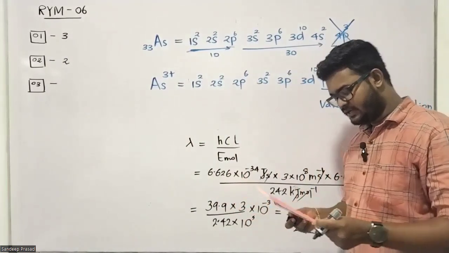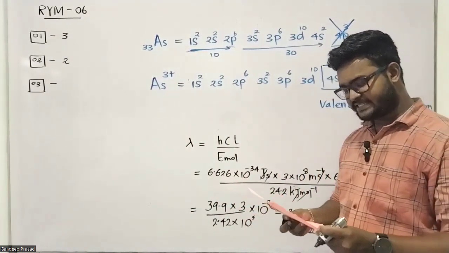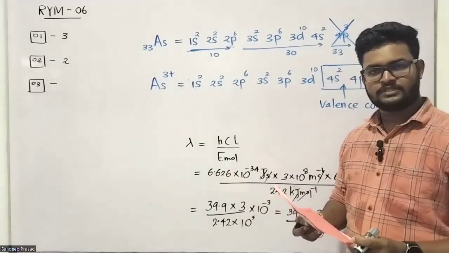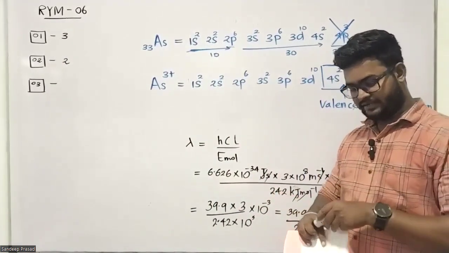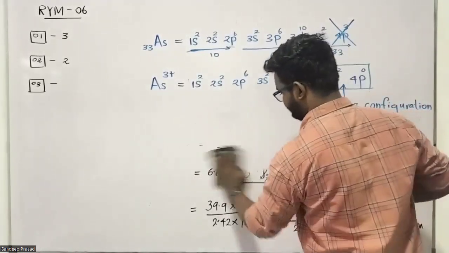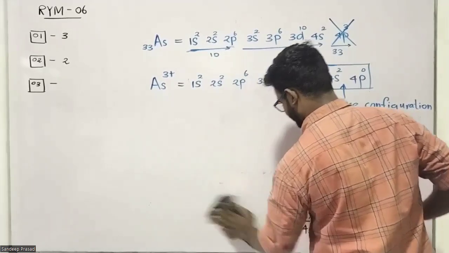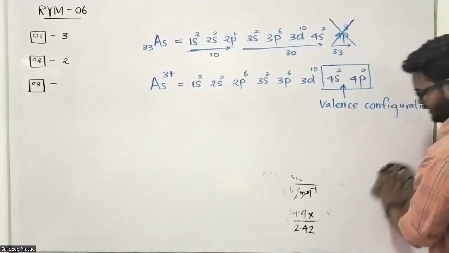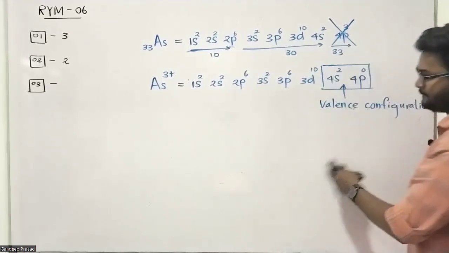Third one, they're asking, which of the following has 6 atomic orbitals with unpaired electrons? This is very easy. First of all, you have to find out in which elements how many unpaired electrons are there.